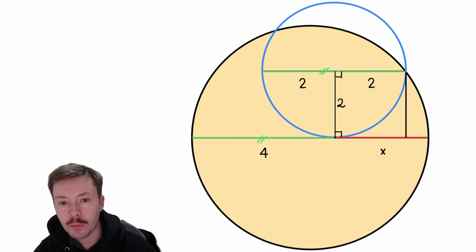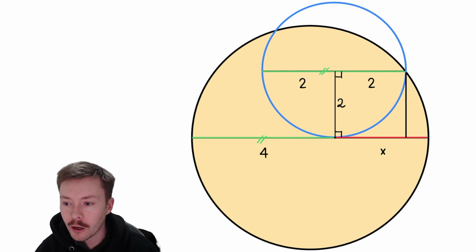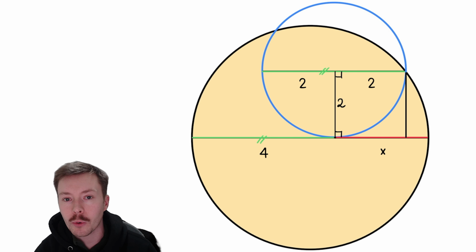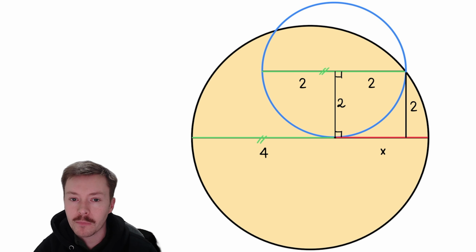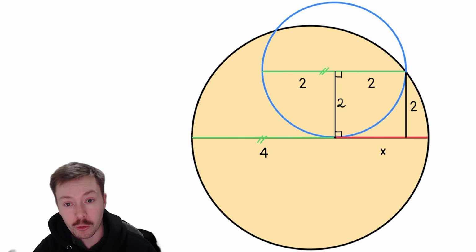If I drop a vertical line, which is perpendicular to my diameter, from my diameter to the point where that blue circle intersects with the black circle, that height is the same height as this radius, where the 2 is. So that is also going to be a 2. Now, because the green and the red line is the diameter of the black circle, there's a line of symmetry.